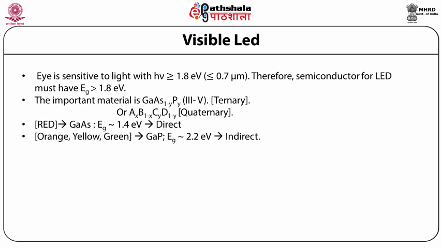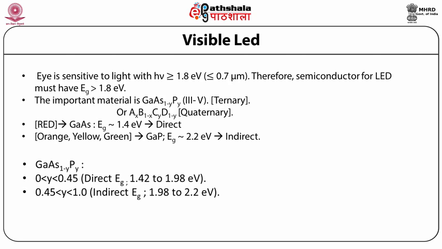In the context of gallium arsenide 1 minus y phosphide y, for y between 0 and 0.45 we have a direct band gap of 1.42 to 1.98 electron volt, and for y between 0.45 and 1 we have an indirect Eg of 1.98 to 2.2 electron volt.